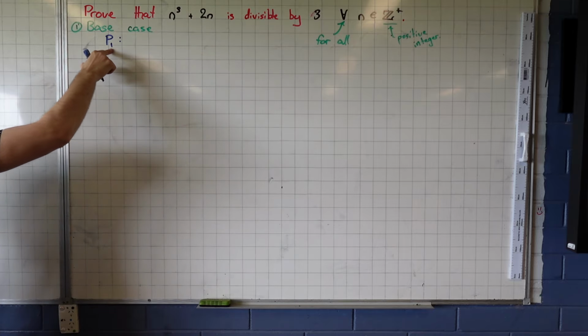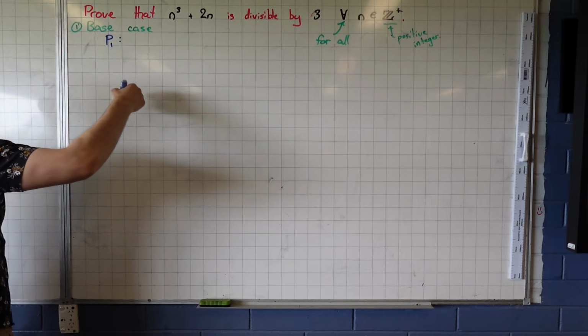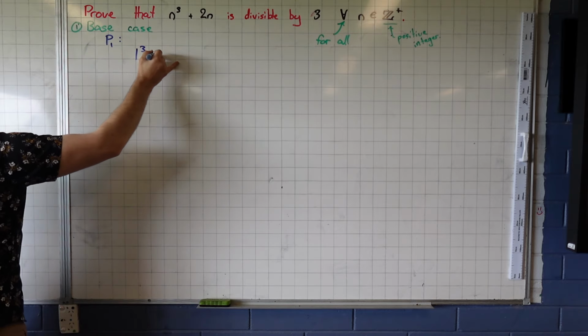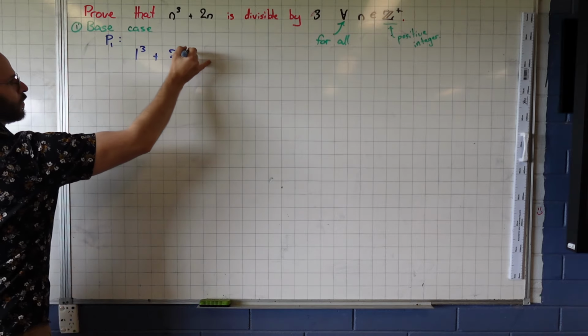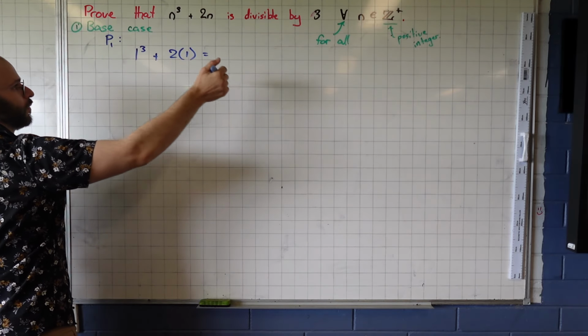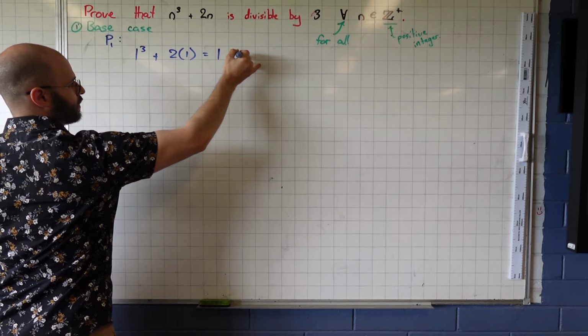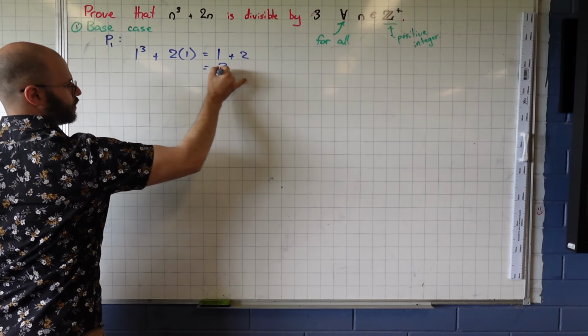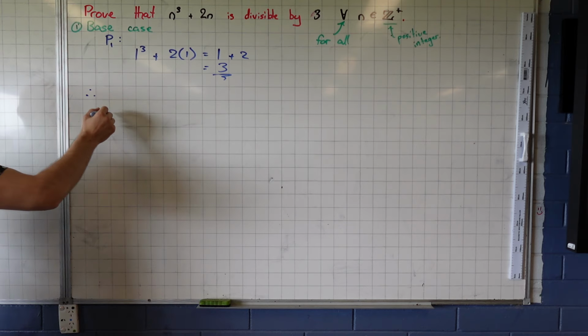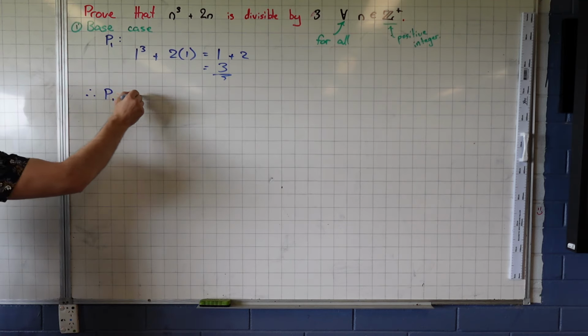We're working with P of 1, no need to say let n equal 1, it's already inferred. So it's 1 cubed plus 2 times 1, which is 1 plus 2 equals 3. Therefore, P of 1 is true.